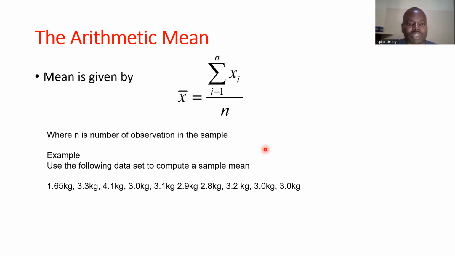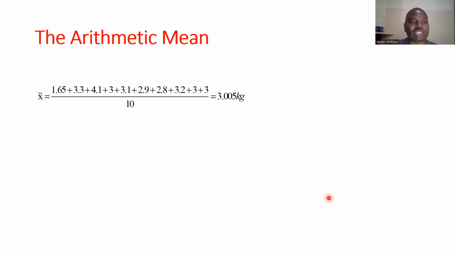But in most cases, when you are given a sample, the mean is normally defined by dividing by n down here, and the numerator, the total. So if we have, for example, a sample here for the birth weights, what is the mean? The mean basically is you sum all the observations, divide by 10, you get 3.005 kg.